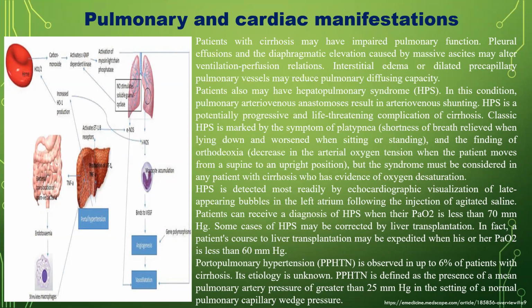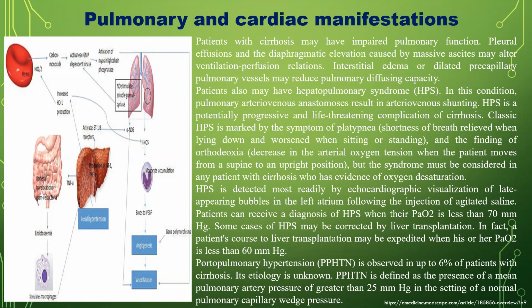Patients can receive a diagnosis of the syndrome when the partial oxygen pressure is less than 70 millimeters of mercury. Some cases may be corrected by liver transplantation, and in fact, the patient's course to liver transplantation may be expedited when the partial pressure of oxygen is less than 60 millimeters. Pulmonary hypertension is observed in up to 6% of patients with cirrhosis.